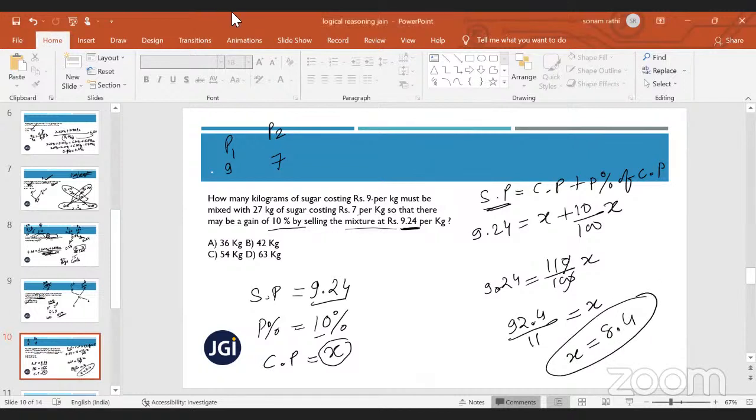And now, what is this value? This is your resultant price. So this is 8.4. So you will write 9, you will write 7, and you will write 8.4 in between and then diagonally subtract it.